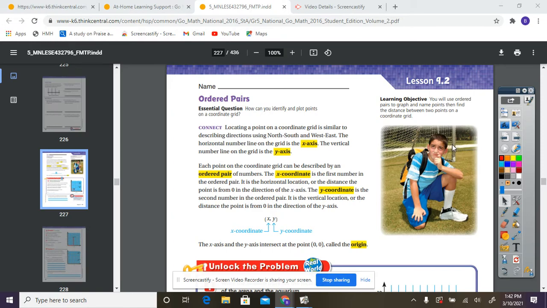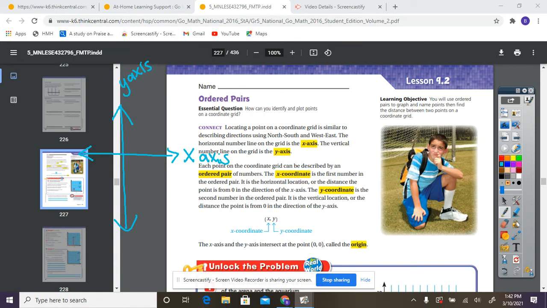So a couple definitions that we need to know are x-axis and y-axis. Sometimes learning about these is better to look at or to see what I'm talking about. So when I have a coordinate plane like I've drawn, the line that runs horizontally is called the x-axis, and the line that runs vertically is called the y-axis.